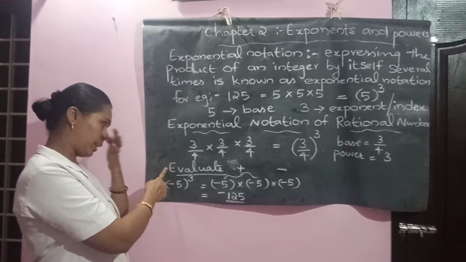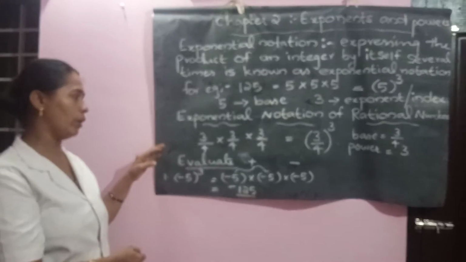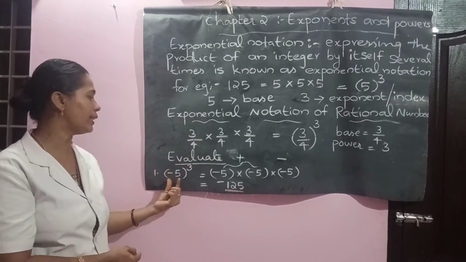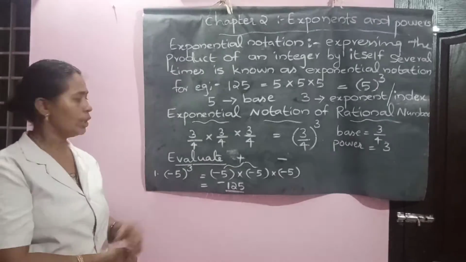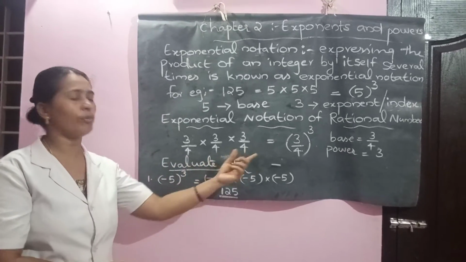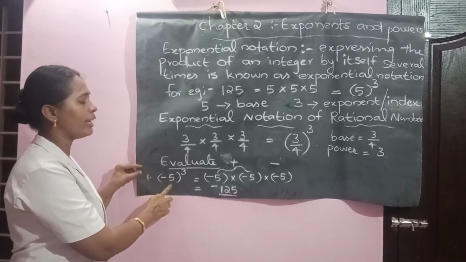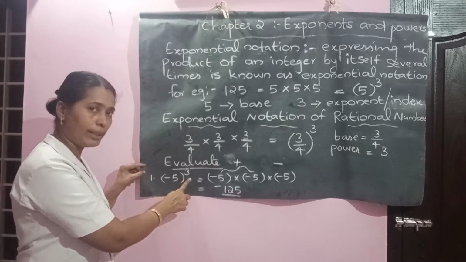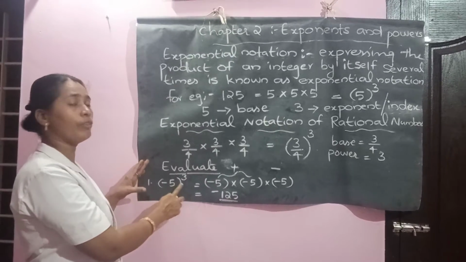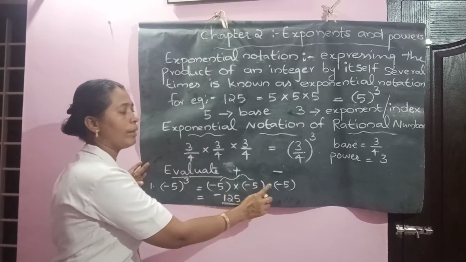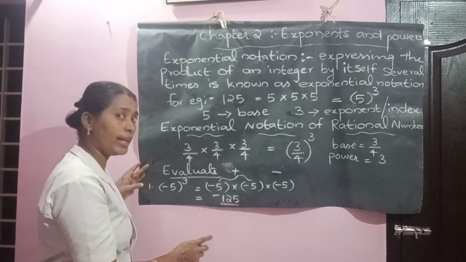Now in this chapter we are going to study how to find the value of these exponential numbers. So evaluate the following, and among these, question number 1 is negative 5 power 3. What is the meaning of negative 5 power 3? Multiply negative 5 how many times? 3 times.